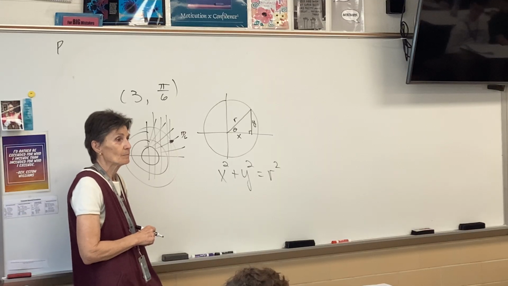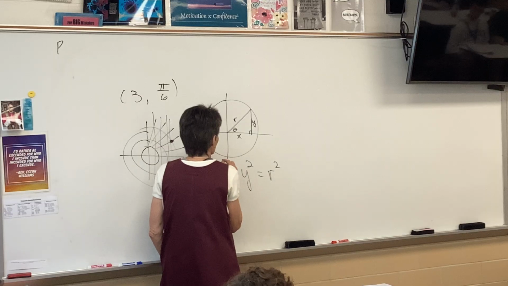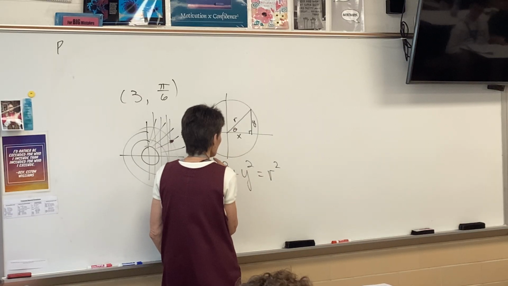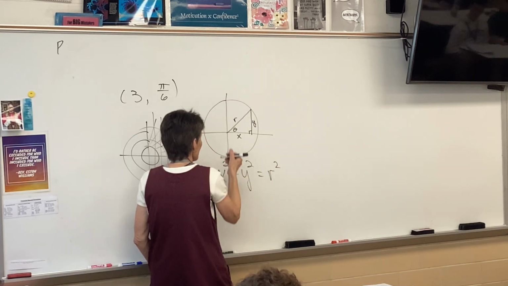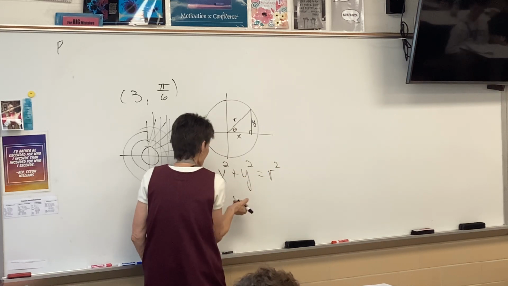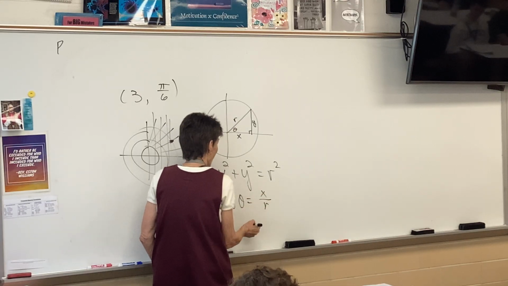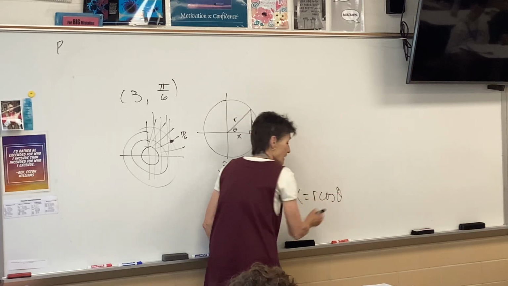r cosine theta equals x. What'd you say? Where's the r? So Leo says, since cosine theta equals x over r, x equals r cosine theta.